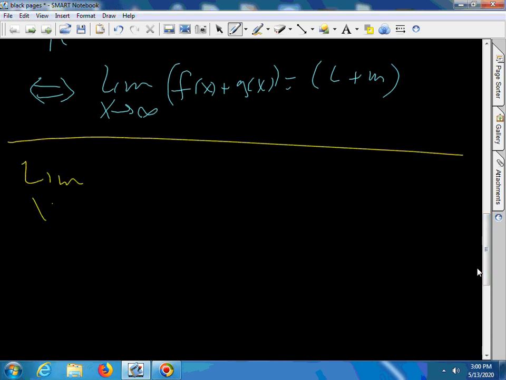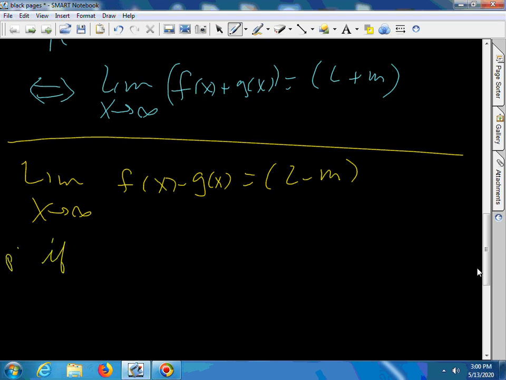The limit as x goes to infinity of f of x minus g of x is equal to L minus M. Now, I claim that this is simple. So here's the proof.